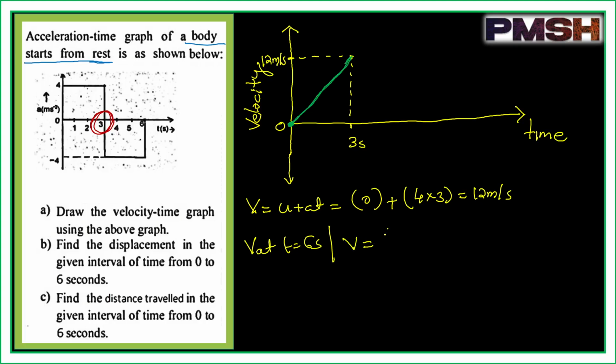V is equal to u, which is 0, plus acceleration, you can take the acceleration to be minus 4, but the acceleration changes in between, right? So there is a changing acceleration. So we'll calculate the velocity from 3 to 6. That's better. Let's calculate the velocity from 3 to 6.